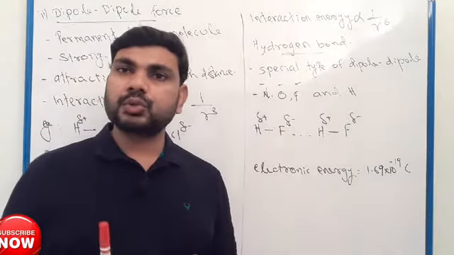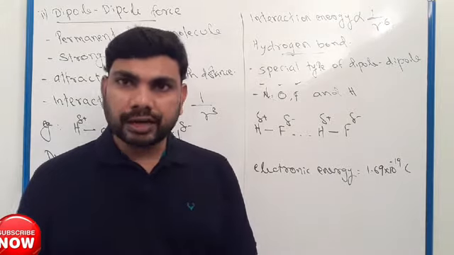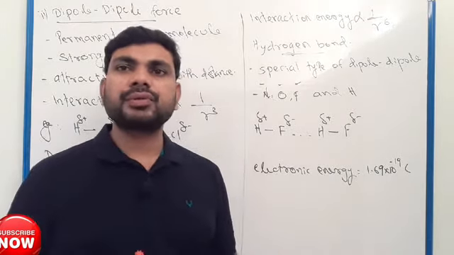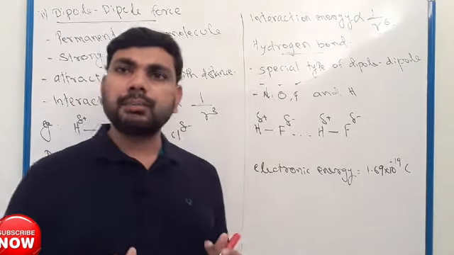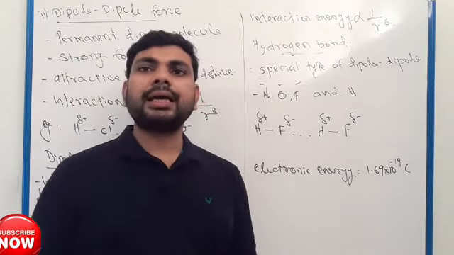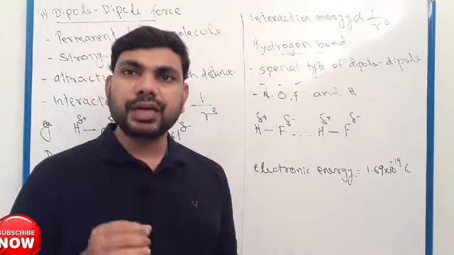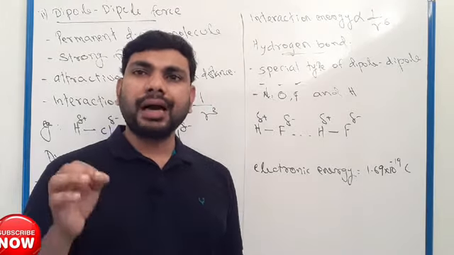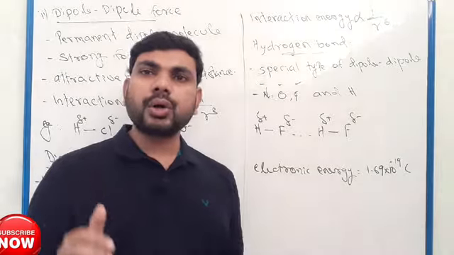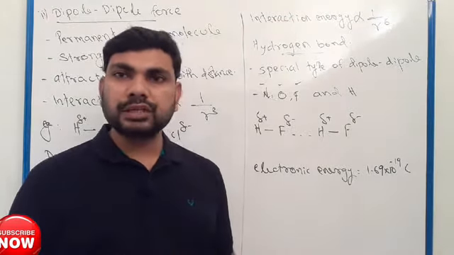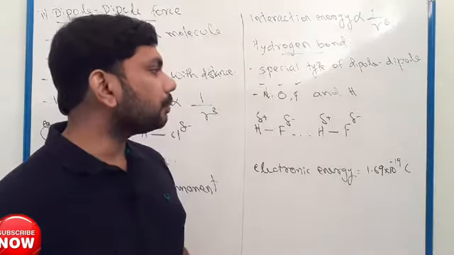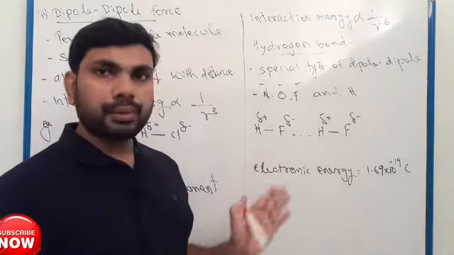They will interact with electropositive hydrogen and this attractive force is called hydrogen bond. So remember, hydrogen bond is a strong bond and a special type of dipole-dipole interaction. In hydrogen bond, nitrogen, oxygen, fluorine interact with the electropositive hydrogen atom and form a hydrogen bond.